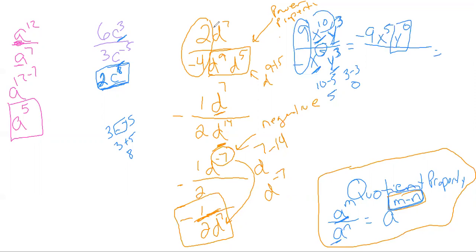Anything to the 0th power is 1. So I can rewrite this as negative 9 x to the 5th times 1, or let's just clean it up right here. Negative 9 times 1 is just negative 9x to the 5th power. And we are done. That is looking good with the quotient property.